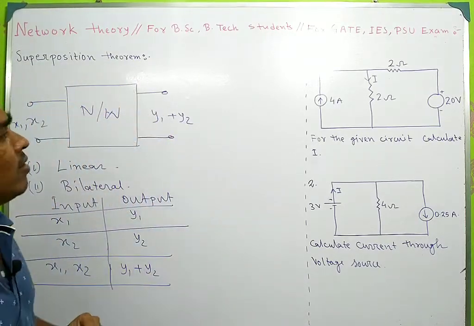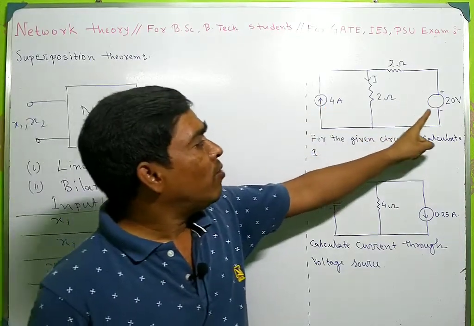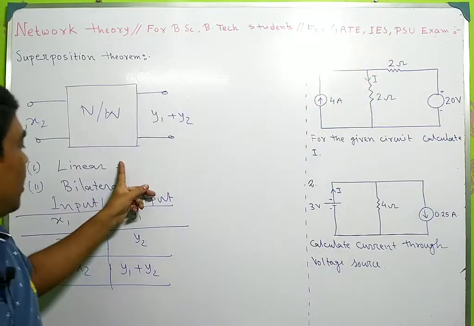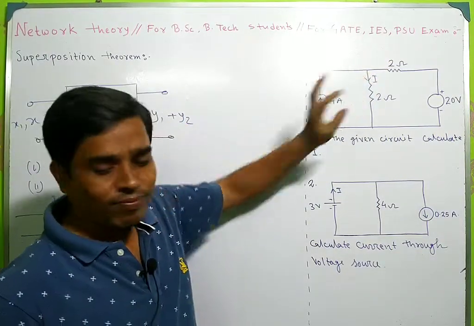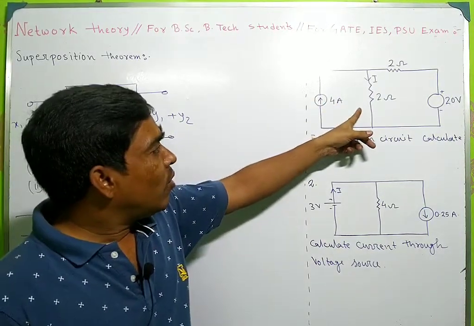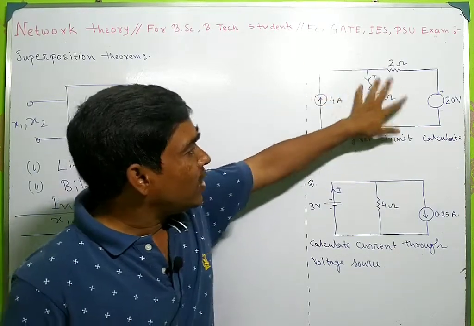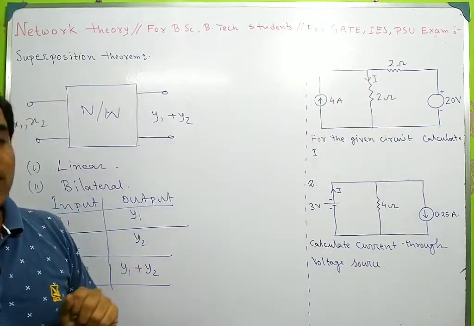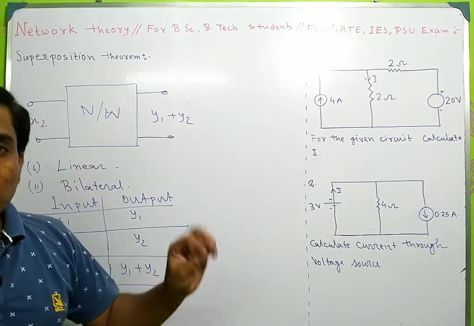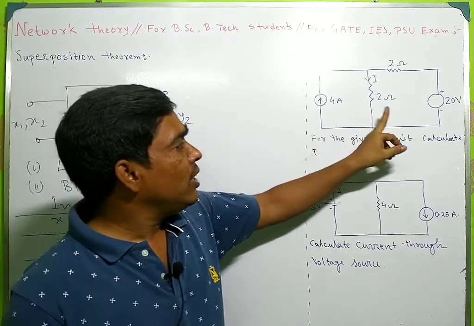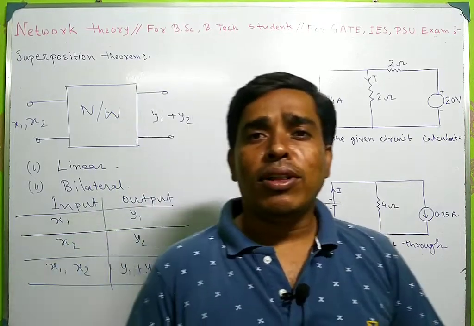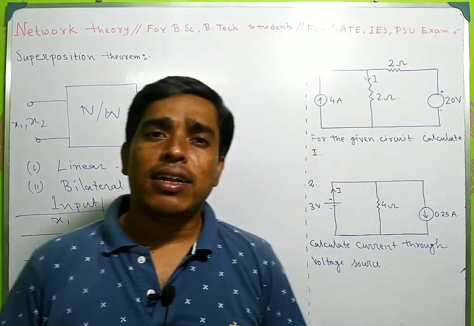The statement is, if a number of voltage or current sources are acting in a linear bilateral network, then the resultant current or voltage in any branch is the algebraic sum of the current or voltage due to individual energy source by replacing the others with their internal impedance.